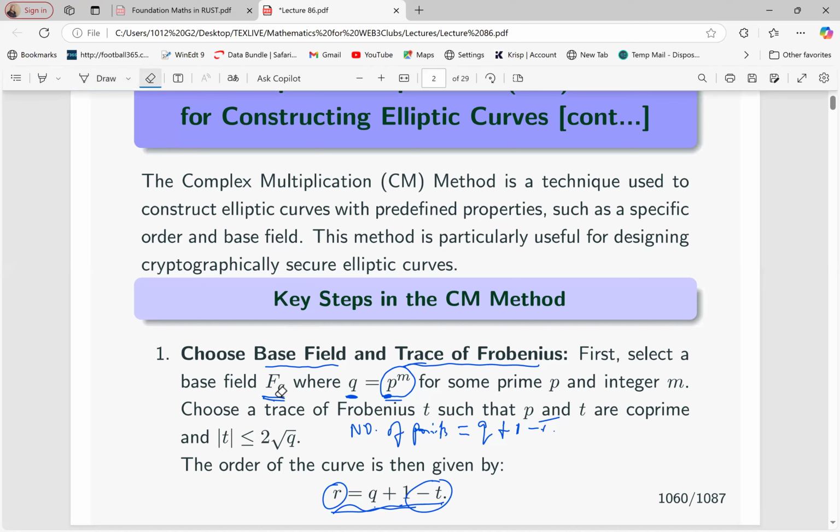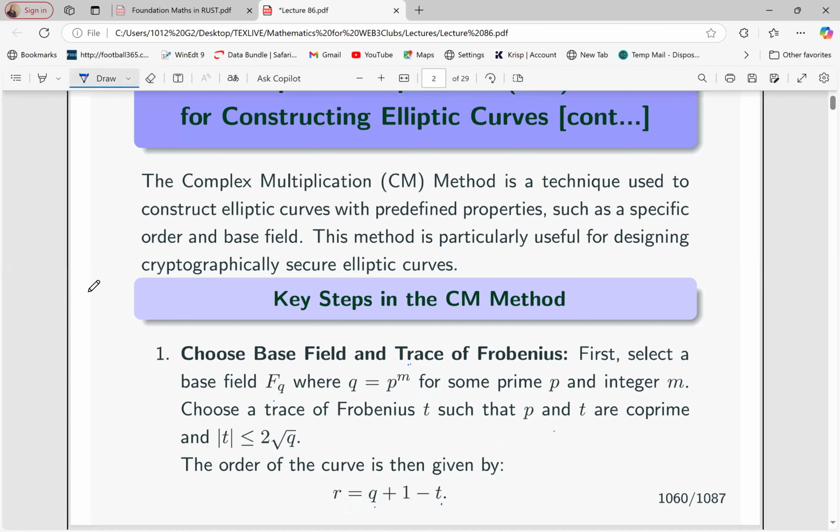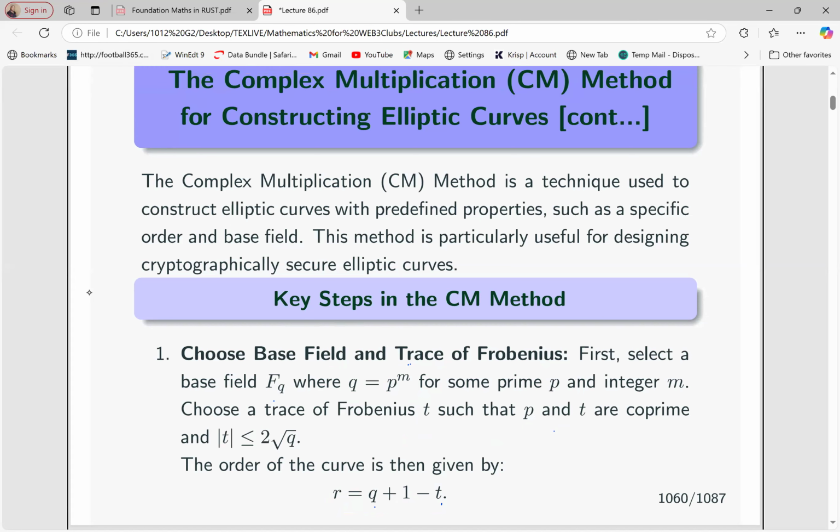Remember, you want to construct this elliptic curve, and some of the properties you want are the number of points you want it to have. So you may have wanted it to have 9 points, just as an example. So if you want it to have 9 points, your R therefore is 9.